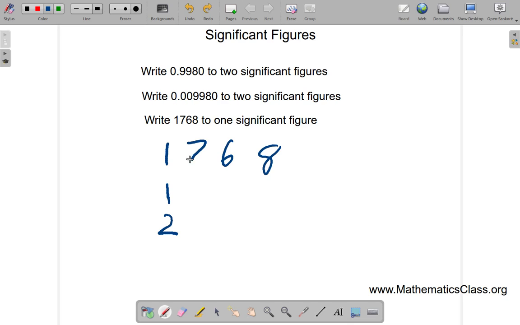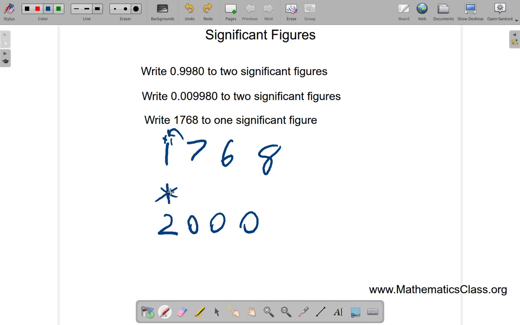Now here, since this number is 5 or more, you're going to come back here and add 1 to it. So we cannot start out with 1, we have to start out with 2. What we will have after the 2 is 0, 0, 0, 2000. You see that? So this to 1 significant figure is 2000.